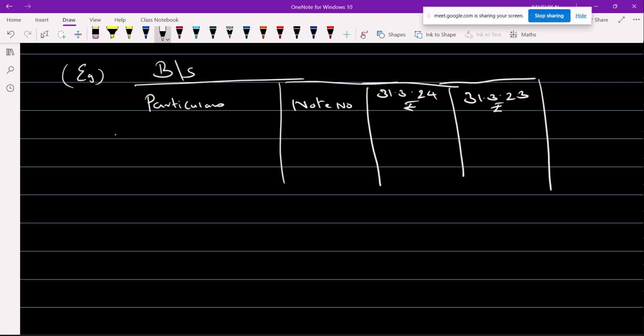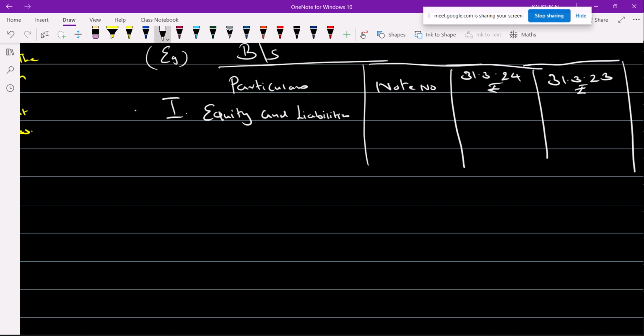Now the first item will be equity and liabilities. Under this equity and liabilities, the first item will be what? Shareholder funds. Am I right?